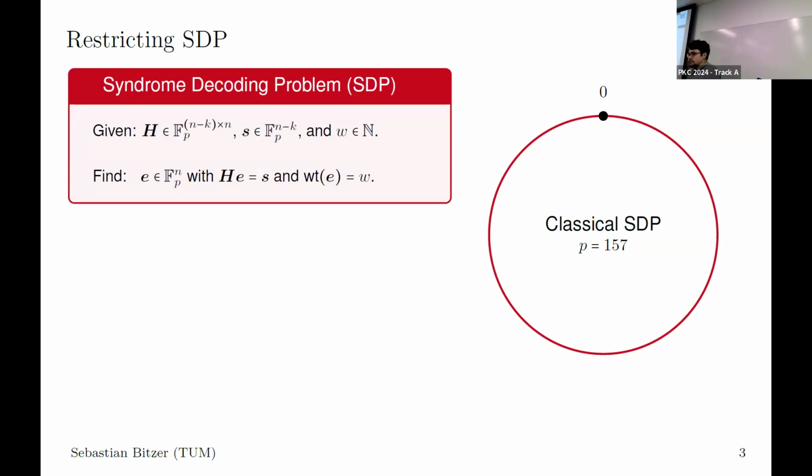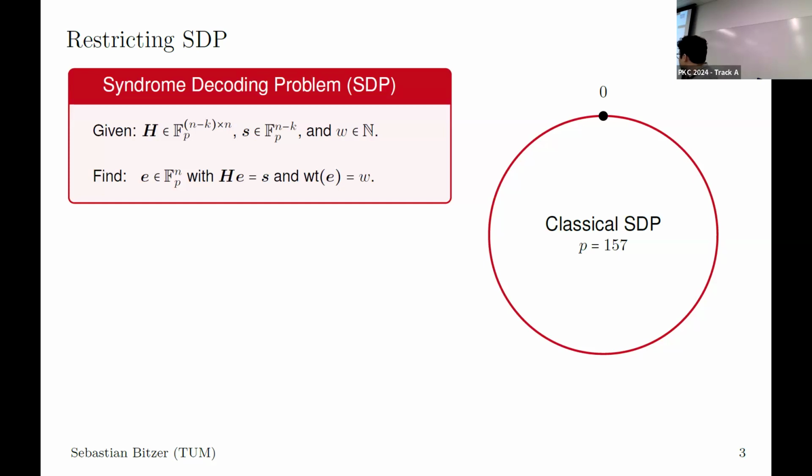Okay, let's first make sure that we're all on the same page regarding the classical syndrome decoding problem, abbreviated as SDP. In this problem, here stated in non-binary form, one is given a parity check matrix H and a syndrome S, both over a finite field Fp, as well as a weight restriction W. The problem is solved by finding an error vector E, which satisfies the check equations and the weight restriction.